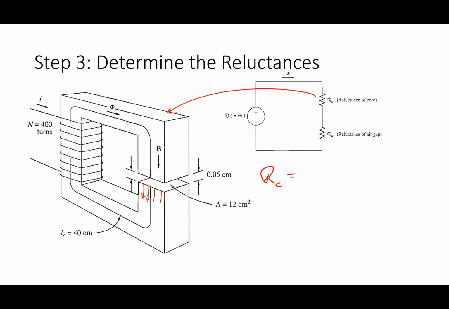What am I making the approximation of when I look at this sort of C core here? Right, all of the material is located right at the middle. And so in this case, I'm going to say it's the length of the core, the length that I'm traveling through, over mu times the area of the core, which here is 12 centimeters squared.